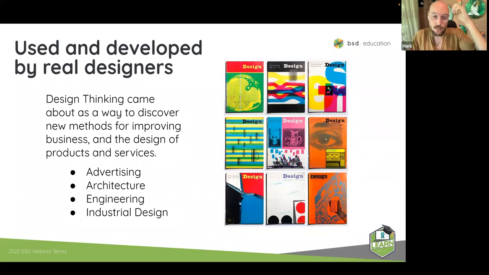But it was in the 60s that design became very commercialized, which is why there's a Design magazine. This commercialization of design led to an increase in the use of design as a study.